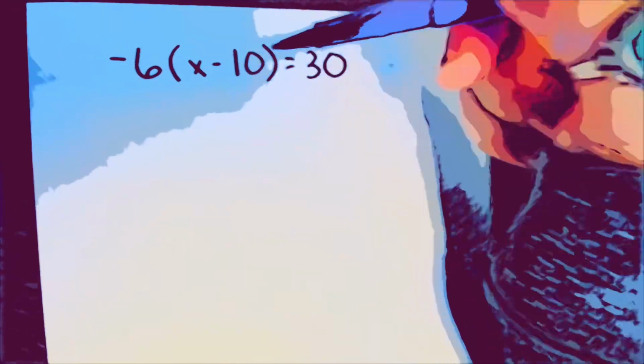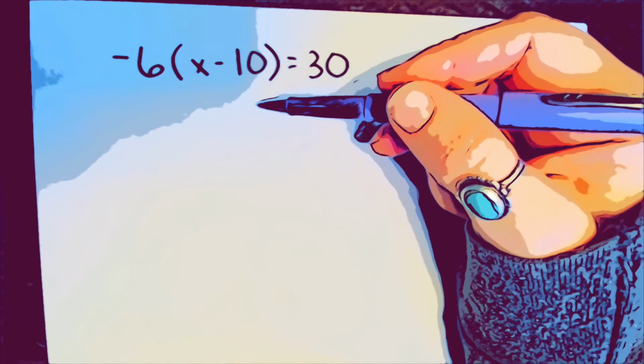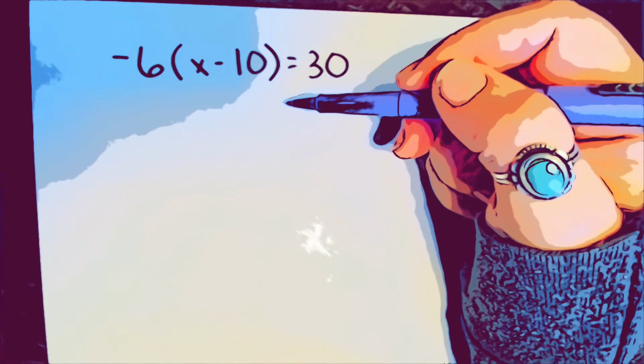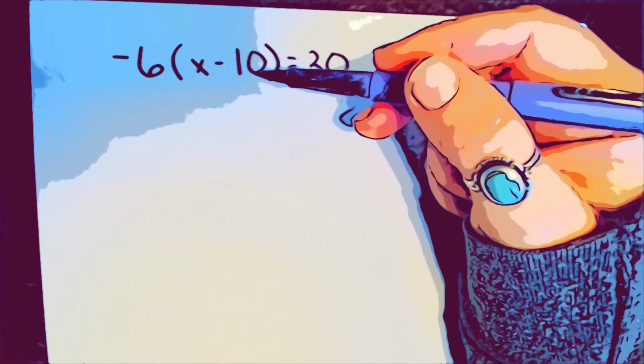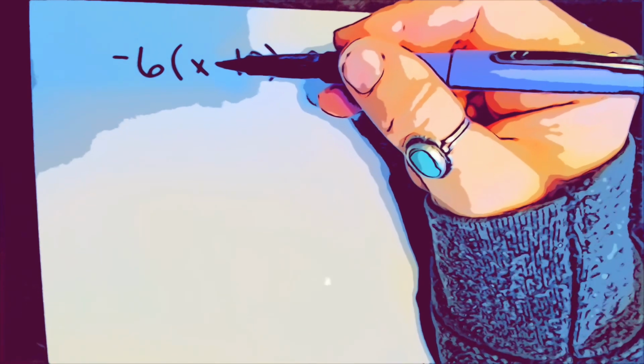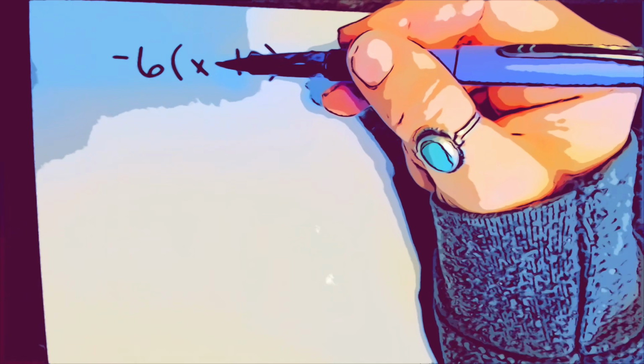So in this case, the number 10 is negative. And that can get a little bit confusing when I'm solving a multi-step equation because I might forget that this is a -10 and treat it like a regular 10. Or when I'm carrying down my addition symbols and my subtraction symbols, I might forget that this is a minus.